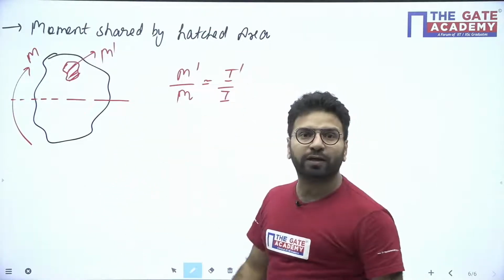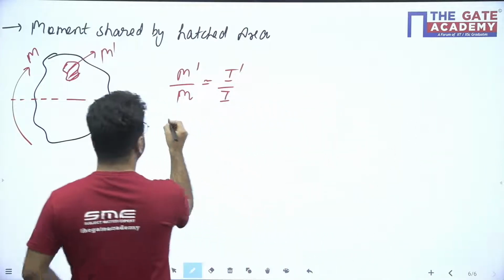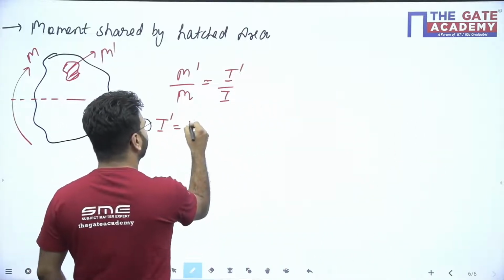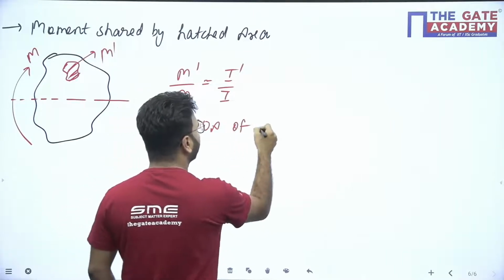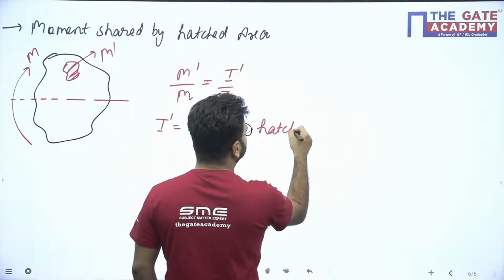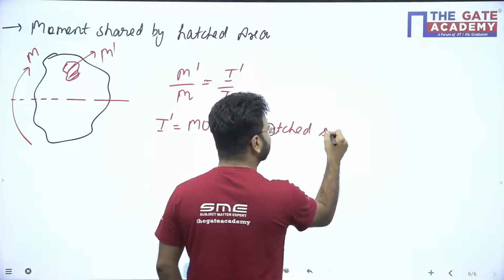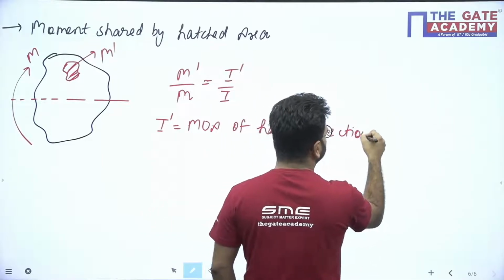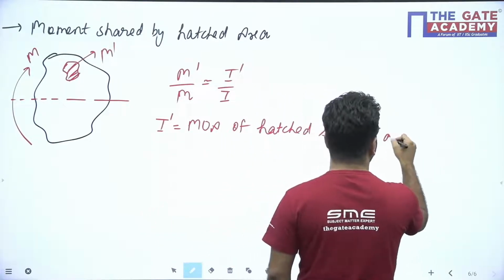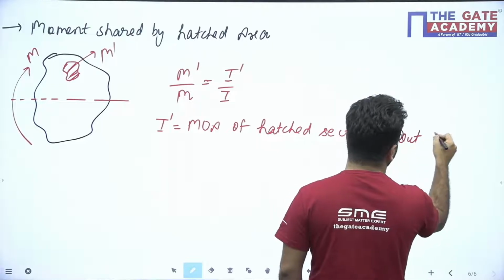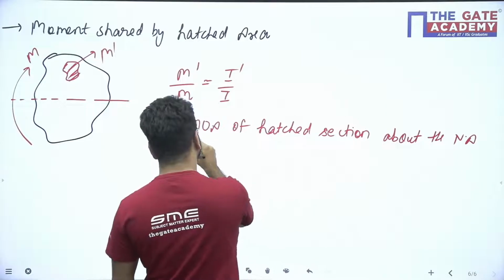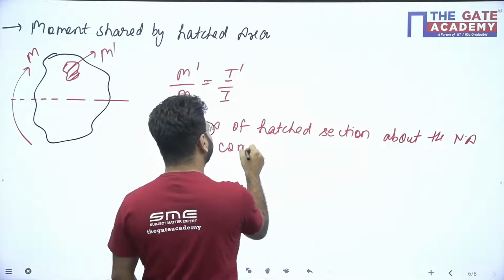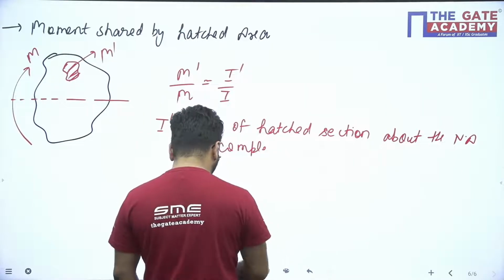I dash is what? I dash is moment of inertia or moment of area of hedged section about the neutral axis of complete or full section.